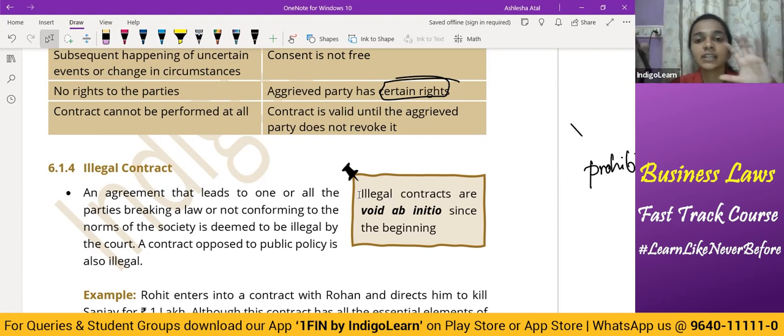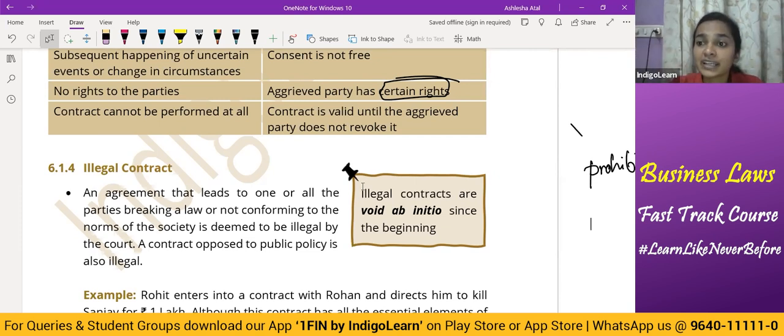They will not have any validity at all. So illegal contracts are contracts which are prohibited by law, and they are always void, never valid.